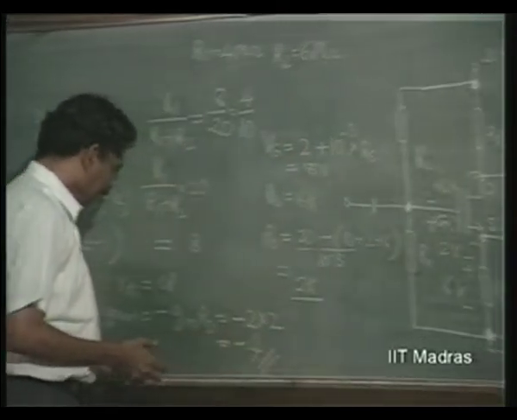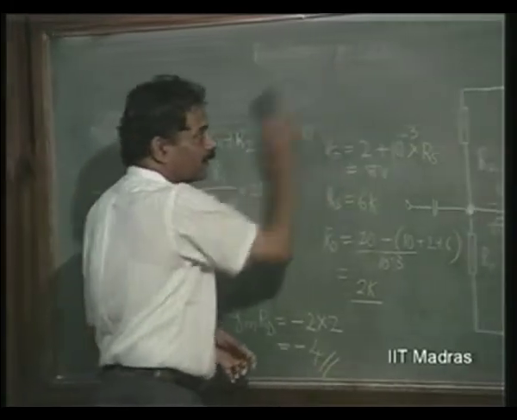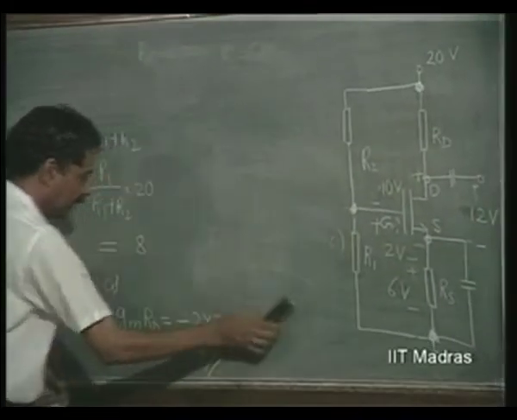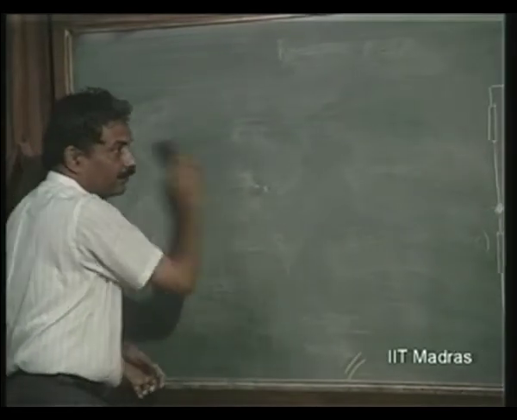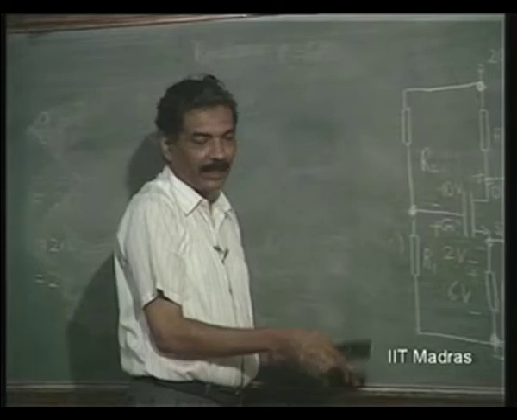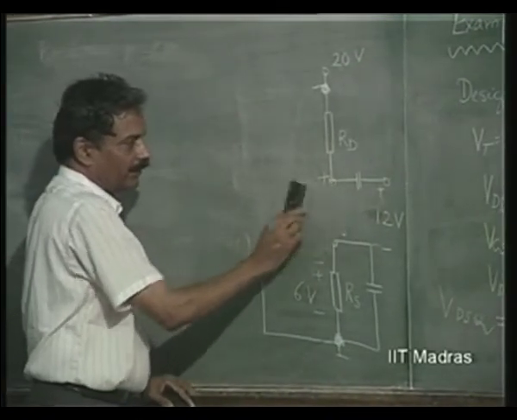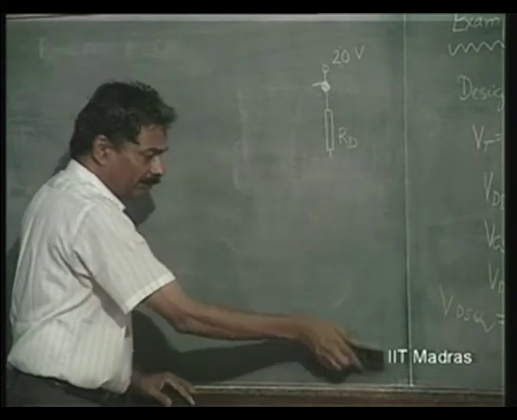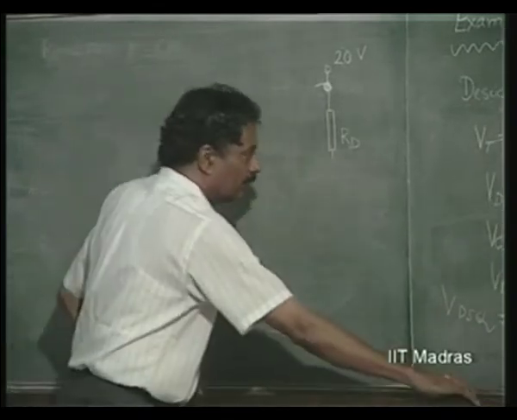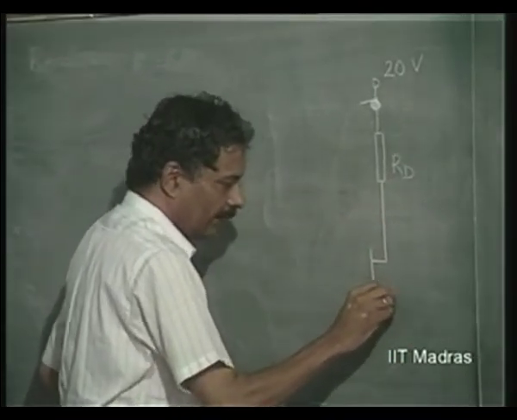Another way that we had also discussed in the case of bipolar junction transistor is to use dual supplies. This is using single supply. How to use dual supply and bias the field effect transistor? That is pretty simple. So, we have this FET.